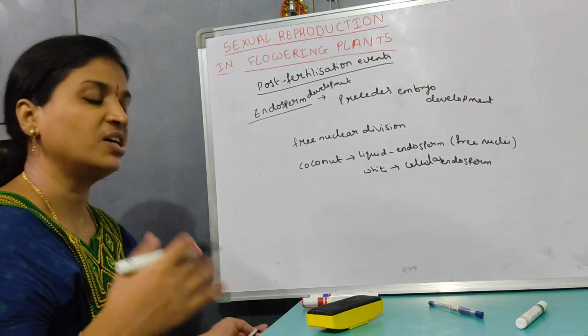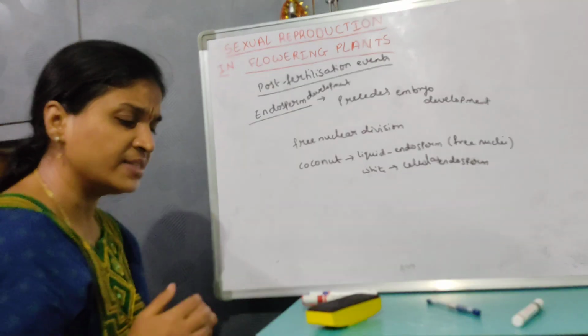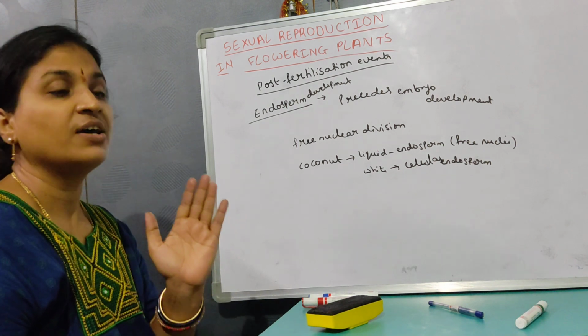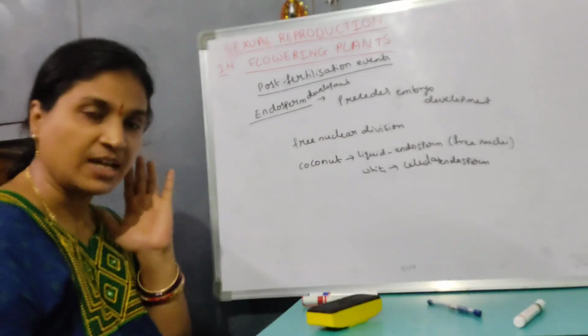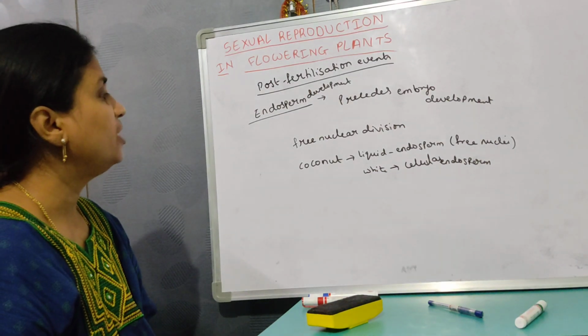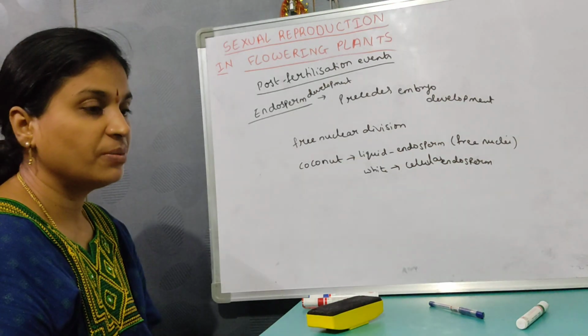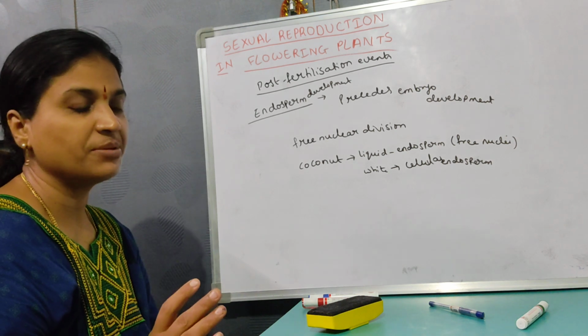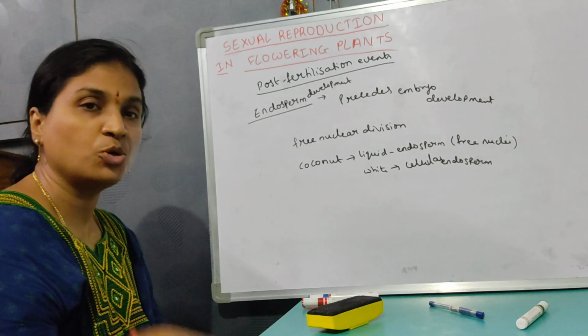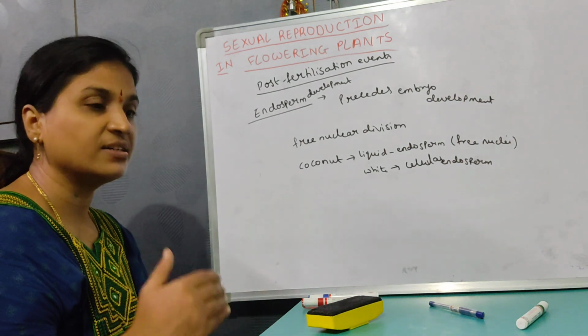So whatever the water and the white color portion is there, that is nothing but the endosperm. It is a nutritive tissue for the embryo. It is a triploid tissue. First endosperm will be formed, then embryo will be formed. Sometimes in the seeds, the endosperm will be consumed by the embryo before the seed maturation.